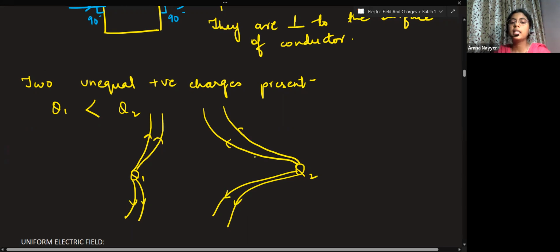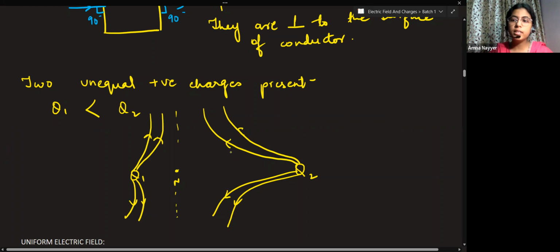Now see, the neutral point lies near the charge with the smaller magnitude. So since Q1 has lesser magnitude, neutral point will lie somewhere here.